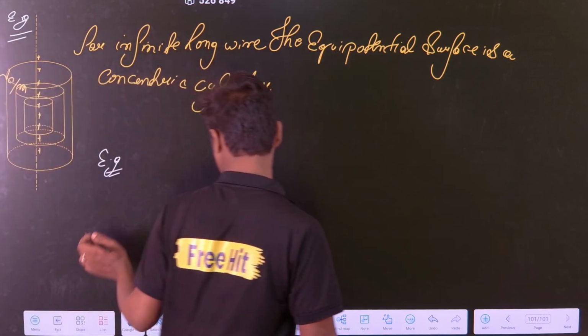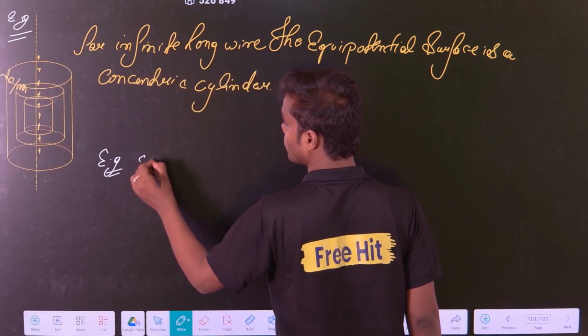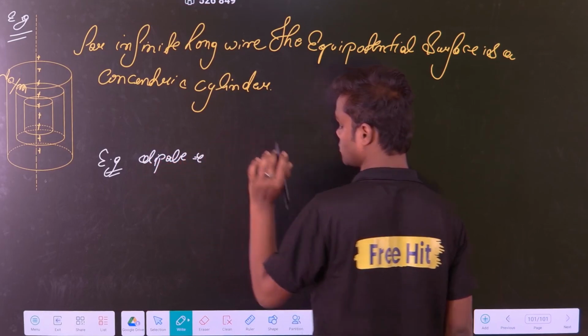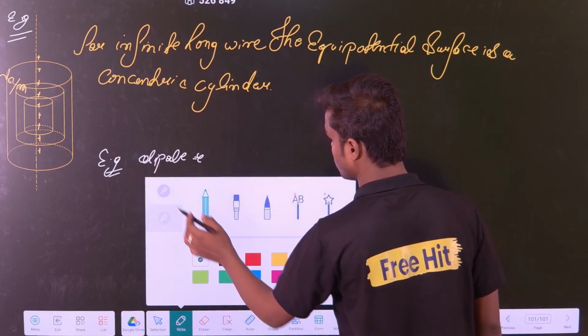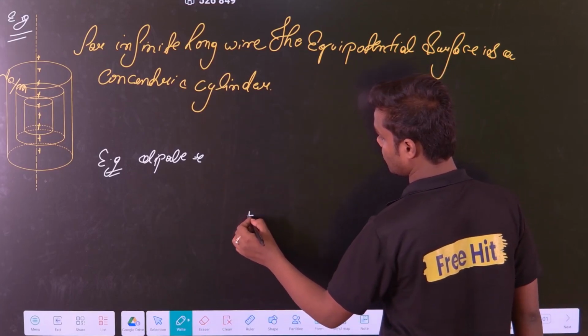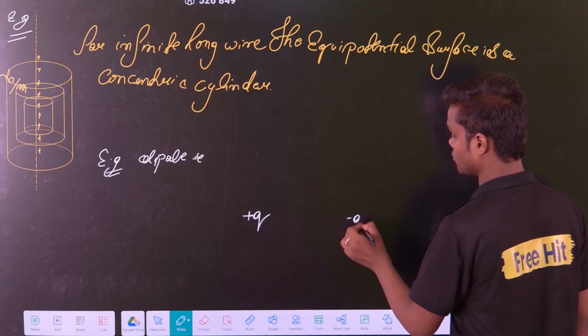Okay. Yeah. So let us take a dipole. You know dipole. So for a dipole, can you tell me what will be the equipotential surface? So first let's draw a dipole. For a dipole, we have plus q and we have minus q. Correct?